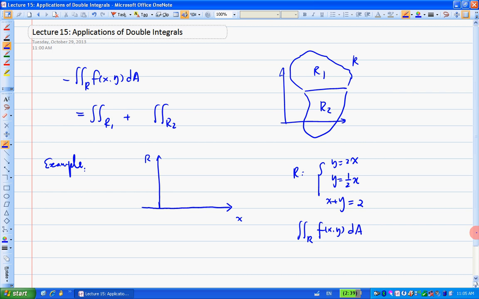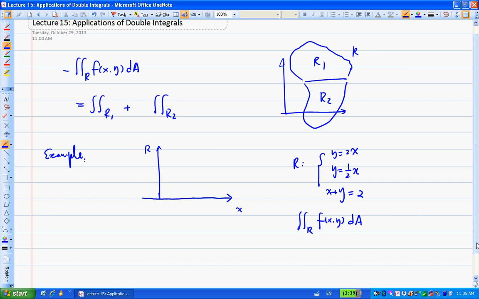Let's see, in general, how do we carry out this double integral? First step, sketch. y = 2x has slope 2, y = 1/2 x, and x + y = 2 is also a straight line. You can set x equal to 0, y equals 2, and set y equal to 0, x equals 2, so that's a straight line somewhere here.